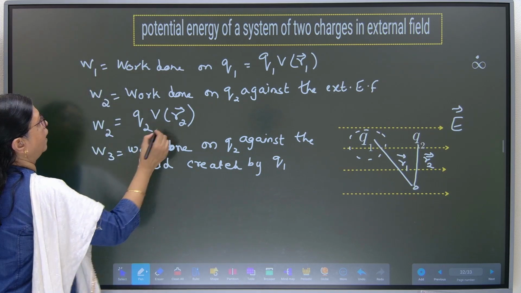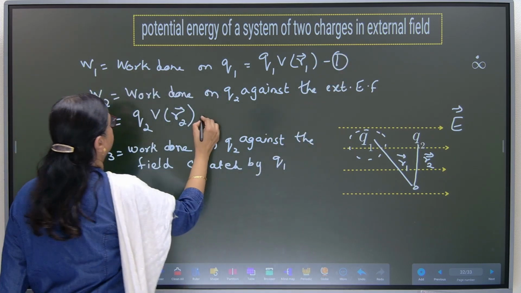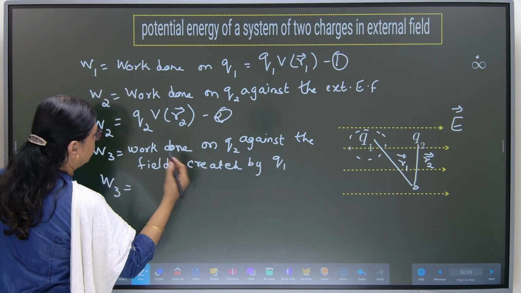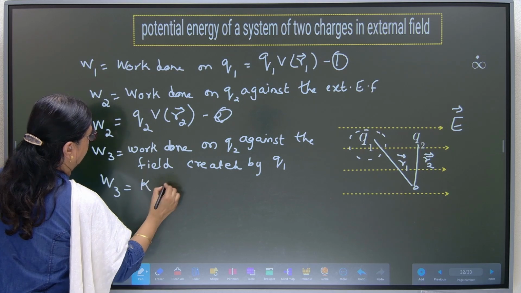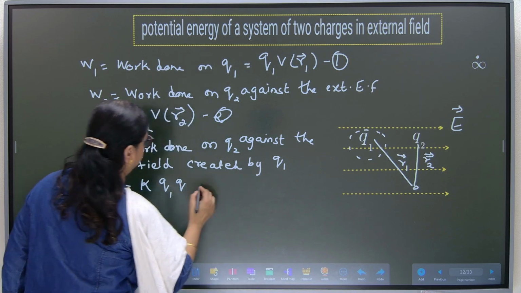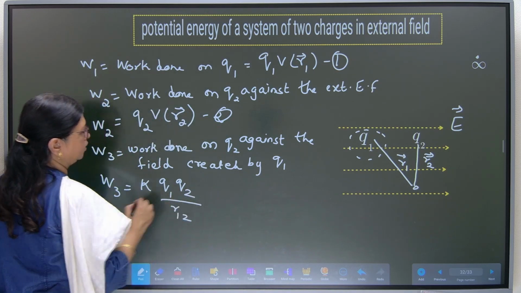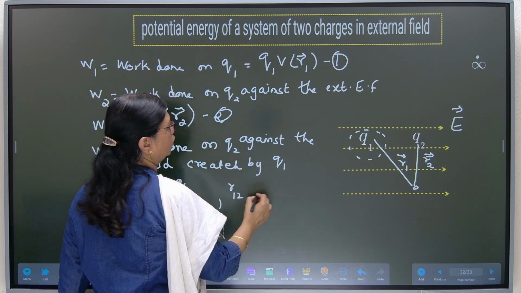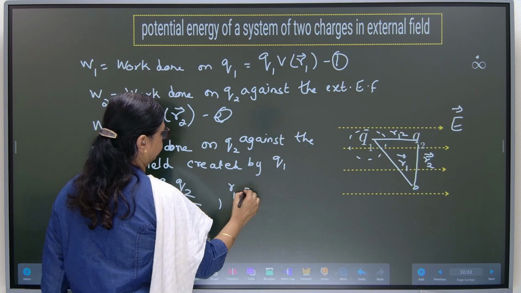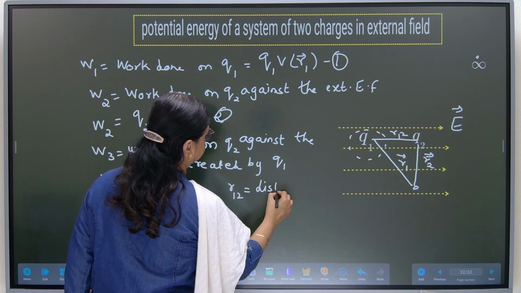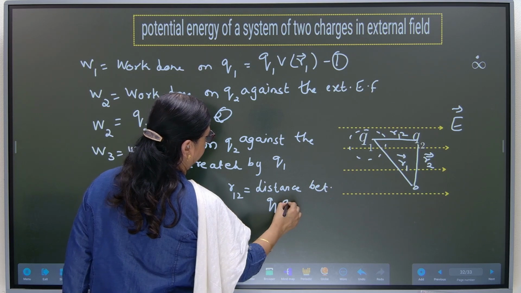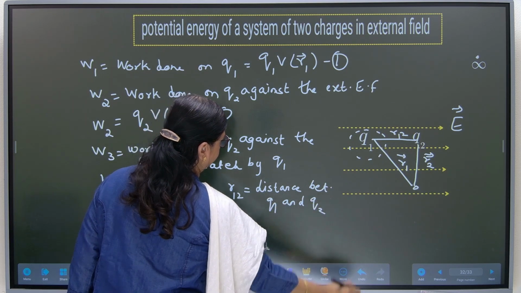Let us name this as equation 1, this as equation 2, and this as equation 3, given by K Q1 Q2 by R12, where R12 is the distance between Q1 and Q2.